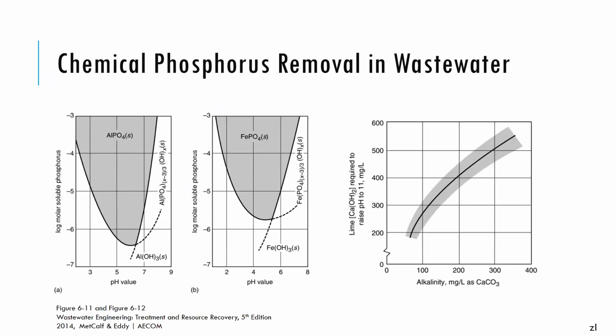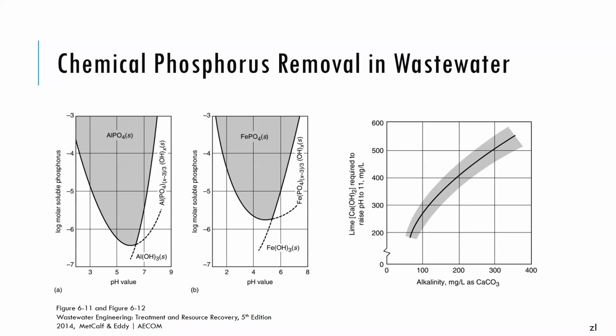There's some detail here, but the two takeaway points are, firstly, that pH controls the degree of success of chemical precipitation. Clearly, if you look at the bottom of the curves here, the optimum point for precipitating phosphorus using alum or ferric salts is somewhere between 4.5 and 5.5 or so, or 6.